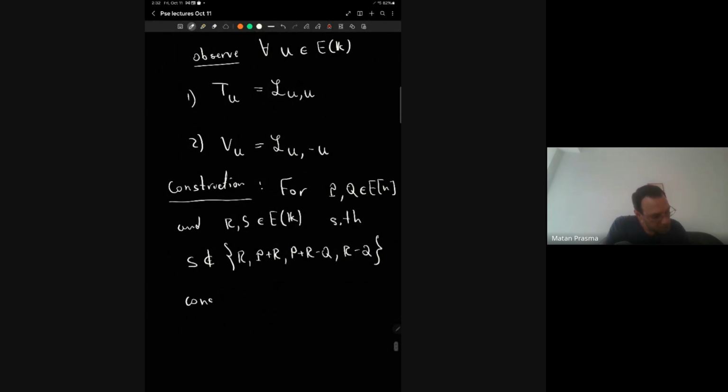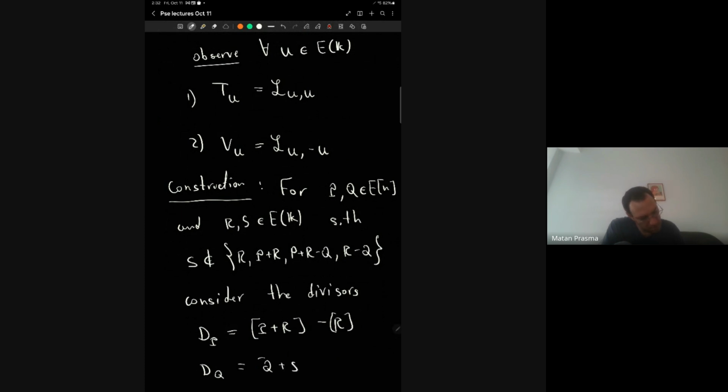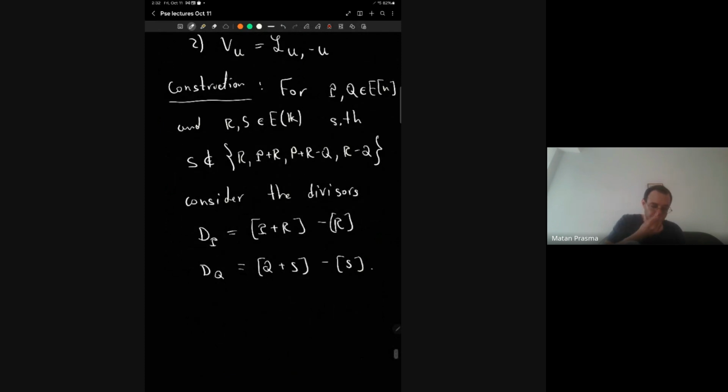Consider the divisor d_P to be P plus R minus R, and d_Q to be Q plus S minus S. The basic claim is that these divisors have disjoint support.